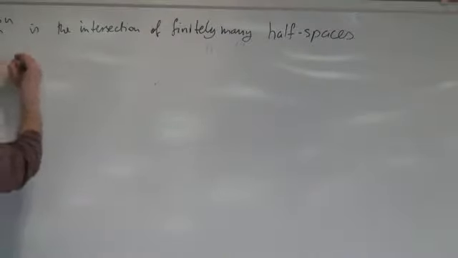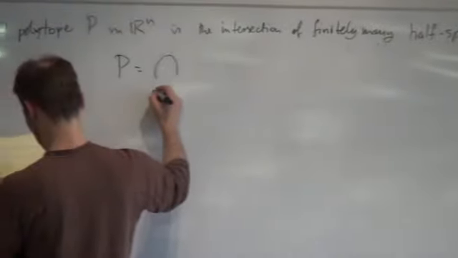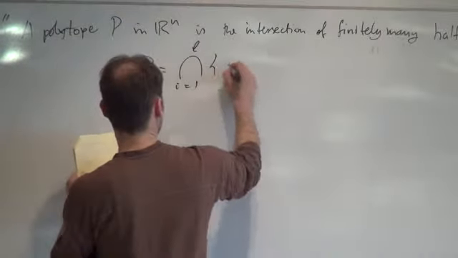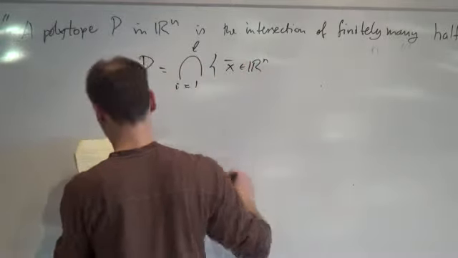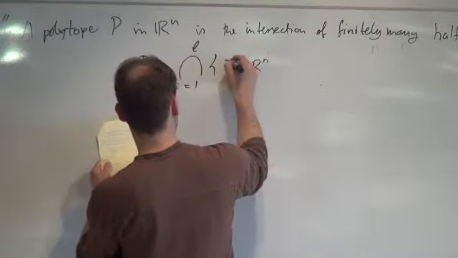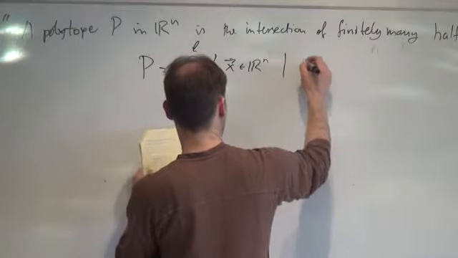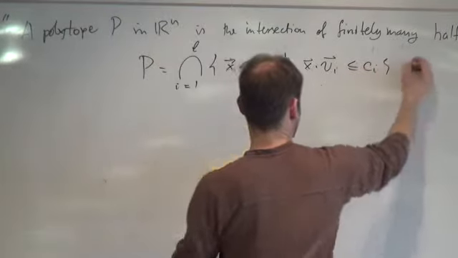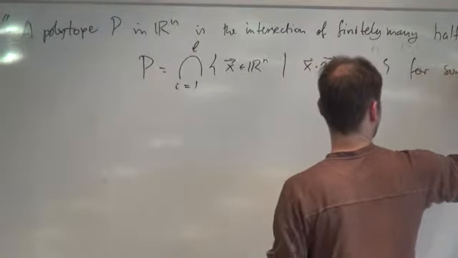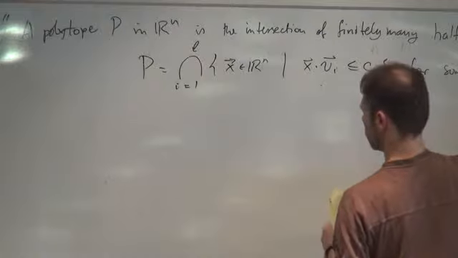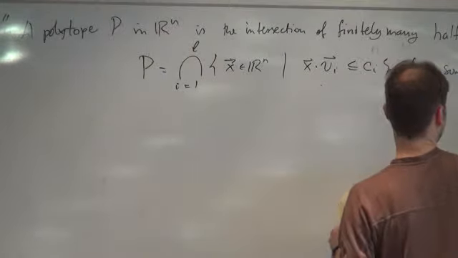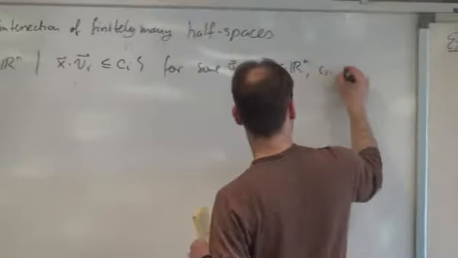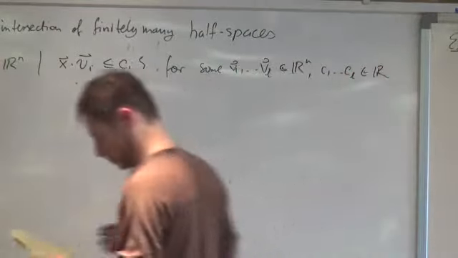So I'm going to write P as the intersection over i equals 1 to l of x in R^n such that x dot v_i is less than or equal to c_i, for some v1 through vl in R^n, a bunch of vectors, and c1 through cl scalars.